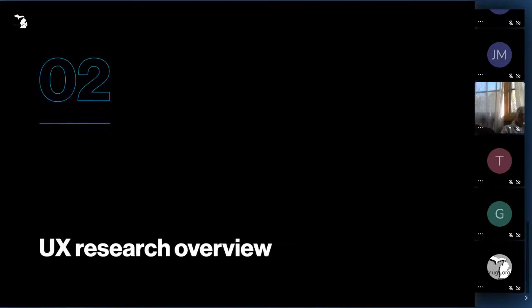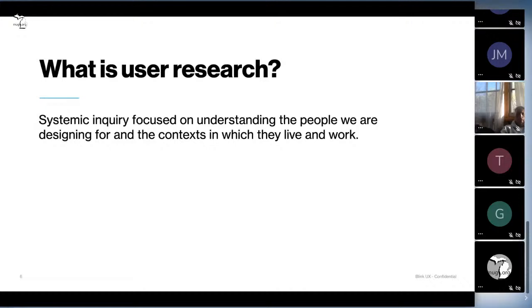So a quick overview of UX research here, and what is it? It's really a systematic inquiry that's focused on the people that we're designing for, building technologies for, and the context in which they're using those.